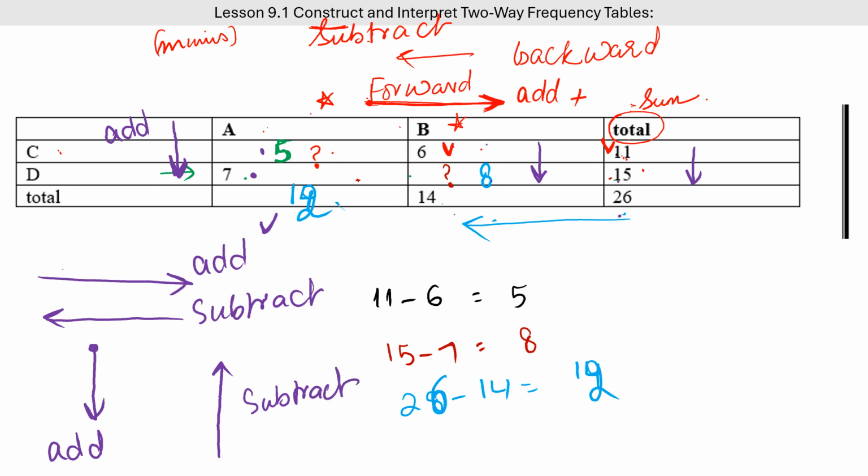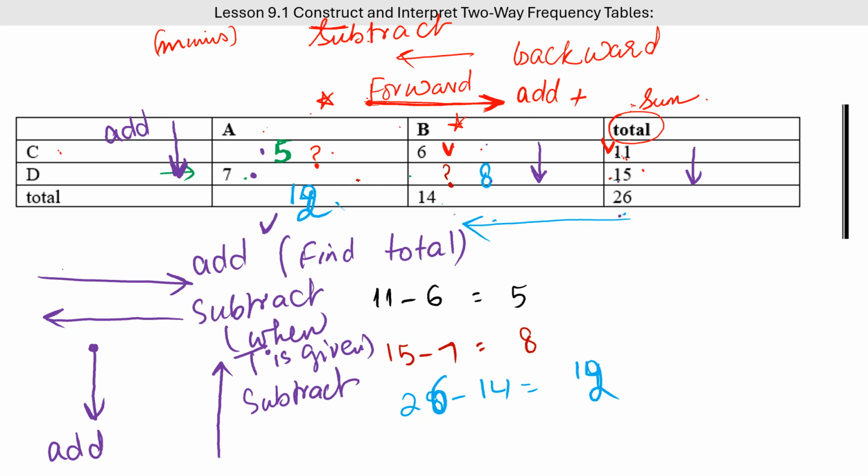Subtract when the total is given. Add when you want to find the total. Add to find the total, and subtract when the total is given. So just memorize these two parts.